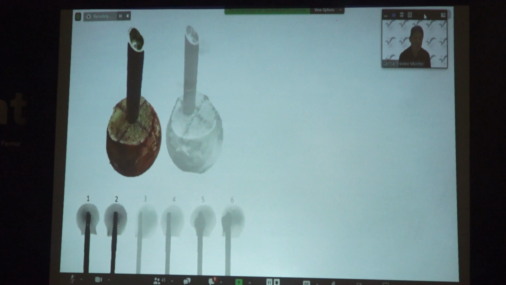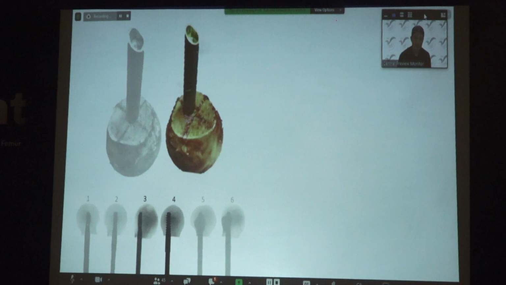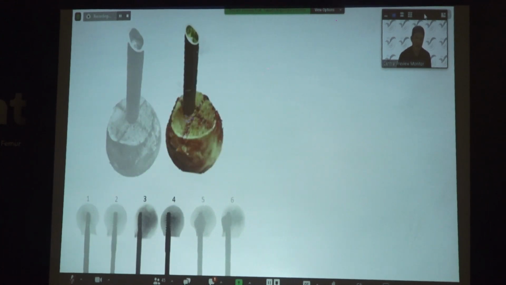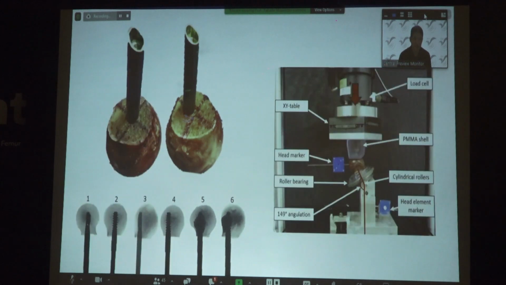So they tested the center position or off center without cement and off center with the cement. So this was the center position, and that was the off center position. And the off center lag screws or blades were cement augmented. So they had 6 variables, and they had this kind of mechanical test until they had the catastrophic failure.